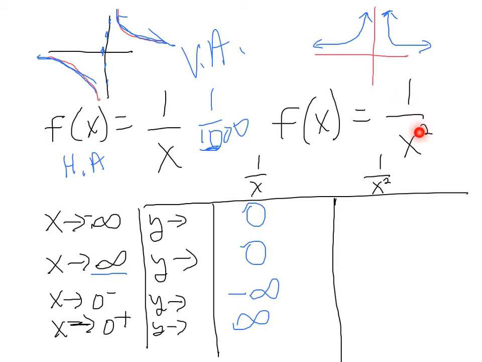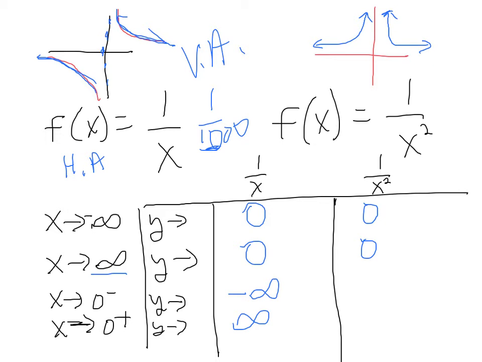So now the second function we'll look at is 1 over x squared. And of course what happens is the x value always gets squared, so we always have a positive value. This also has a horizontal asymptote. As I go out to negative infinity, it's approaching 0. And as I go out to positive infinity, it's also approaching 0.